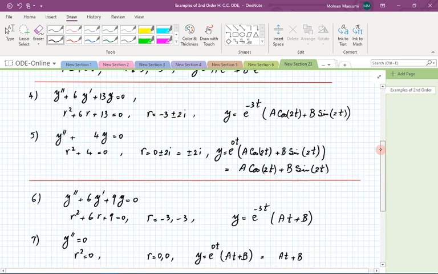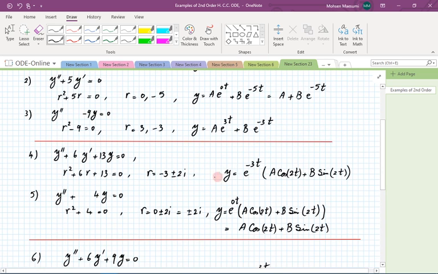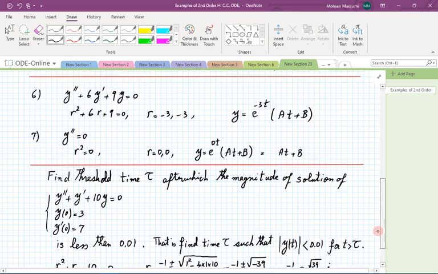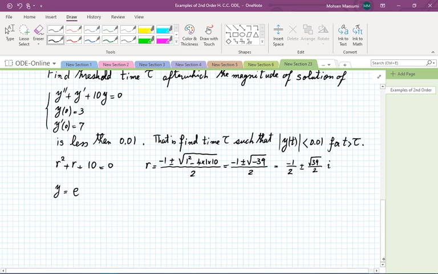Remember what we said here. The real part comes here, and the imaginary part is going to be our frequency. The physical meaning of that is the frequency. Exponential of minus 1/2 t, times a cosine of, now we have this peculiar frequency.